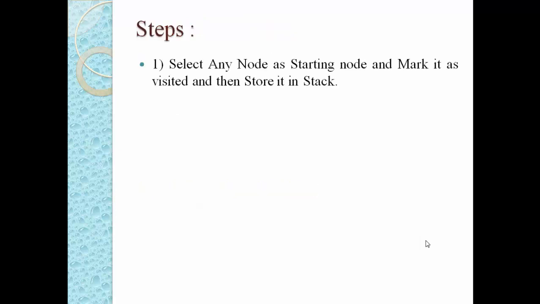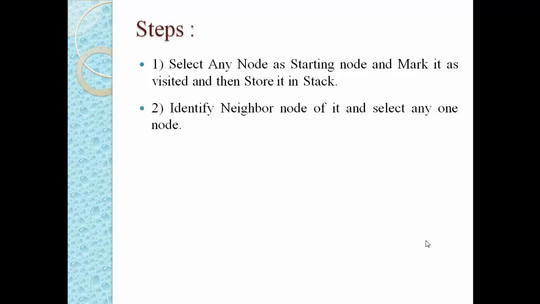Step number 1: select any node as a starting node, mark it as visited, and then store it in the stack. As we already discussed, we are using a stack data structure. Initially, we consider any node as a source node or root node, visit it, and store it inside our stack.